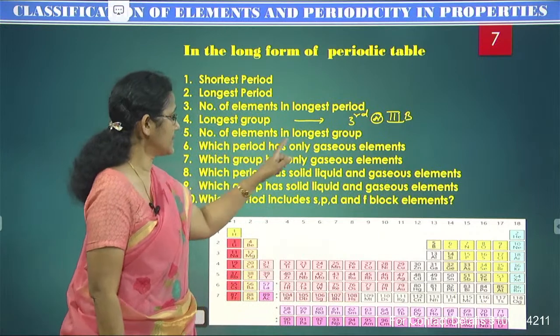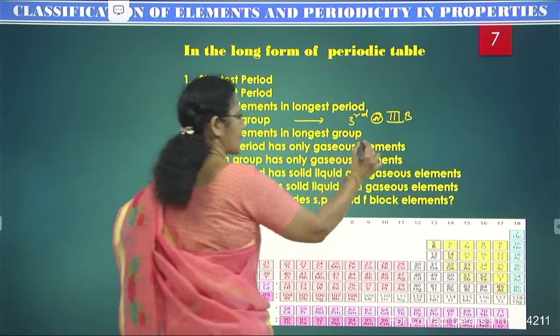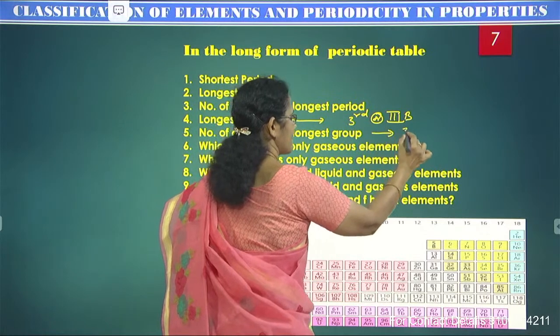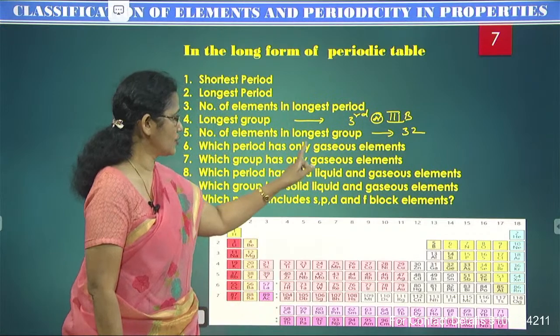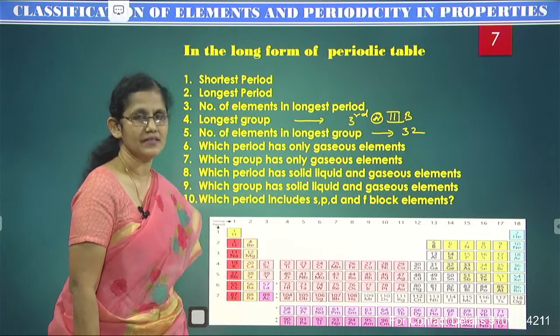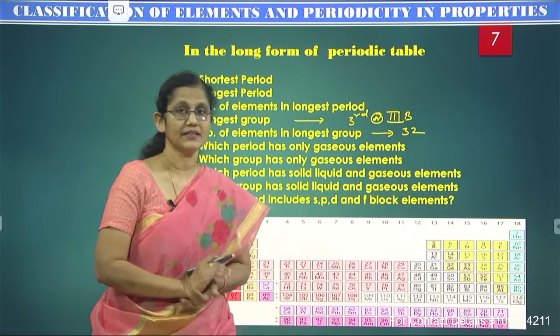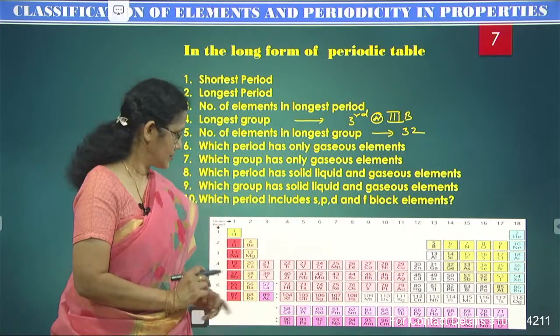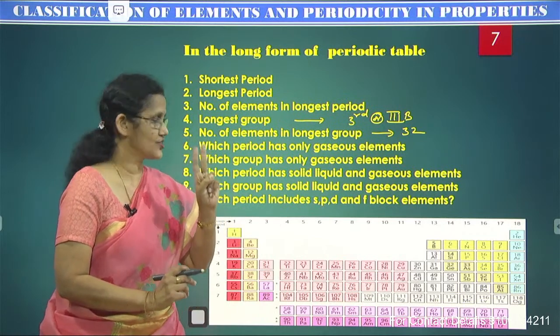Number of elements in longest group. How many elements? 32 elements. Next, which period has only gaseous elements? See, first period has hydrogen and helium. They are gases, right? So, first period has 2 elements, only gaseous elements.